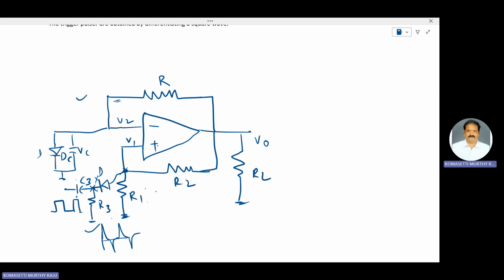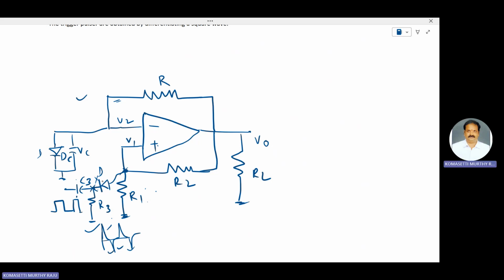The operation of this monostable multivibrator requires either a positive going pulse or a negative going pulse. This can be achieved because the diode used here must be forward biased. In this figure, the diode D is forward biased for negative going pulses only.